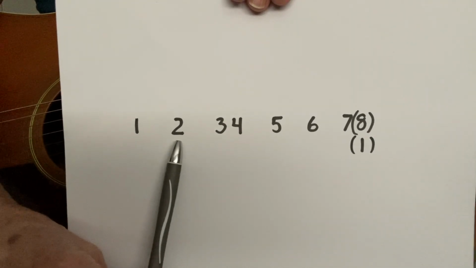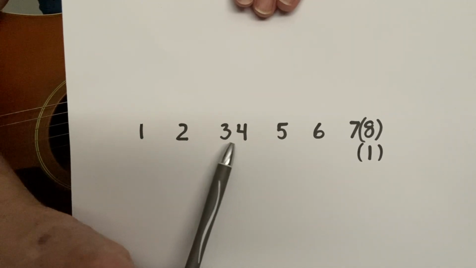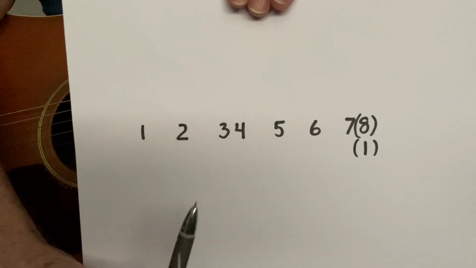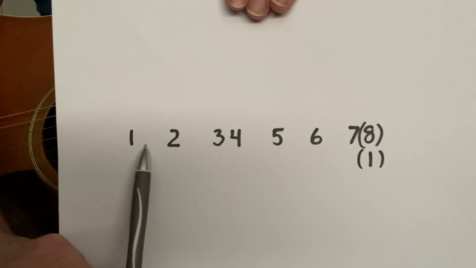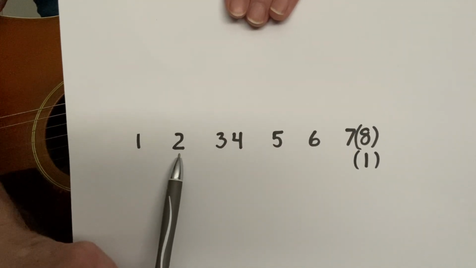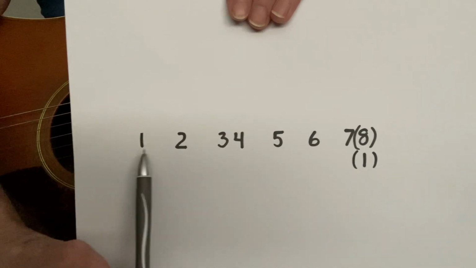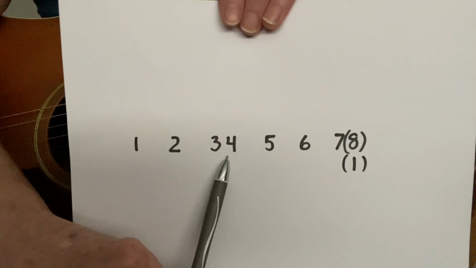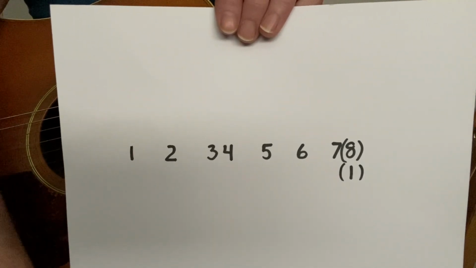These are whole steps, and the half steps are represented by how close together they are. So 1, 2, 3. This is the second scale degree. It tells you where it is, the position on the scale. This is the third scale degree. This is the fourth scale degree, and so on.